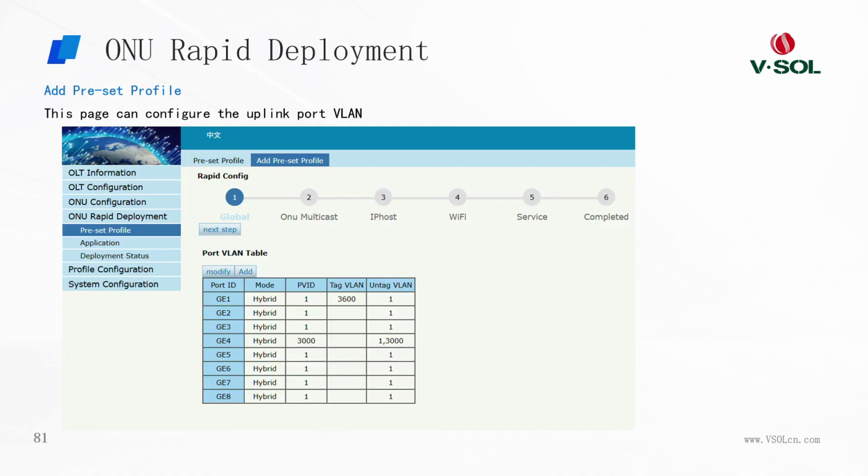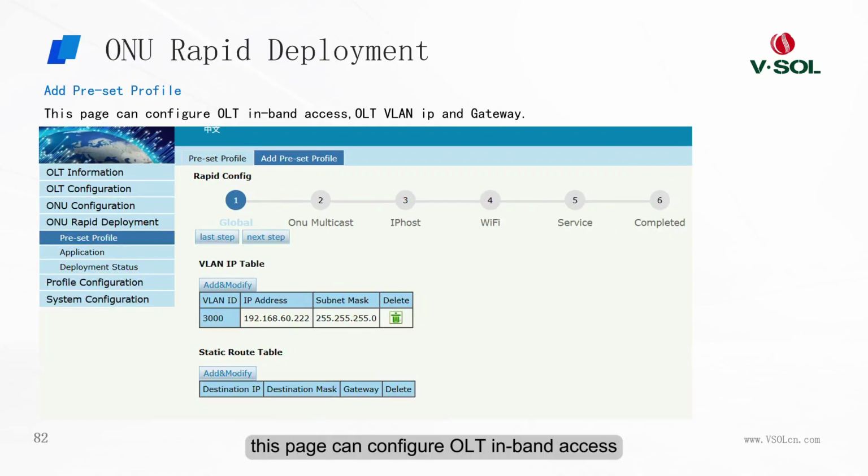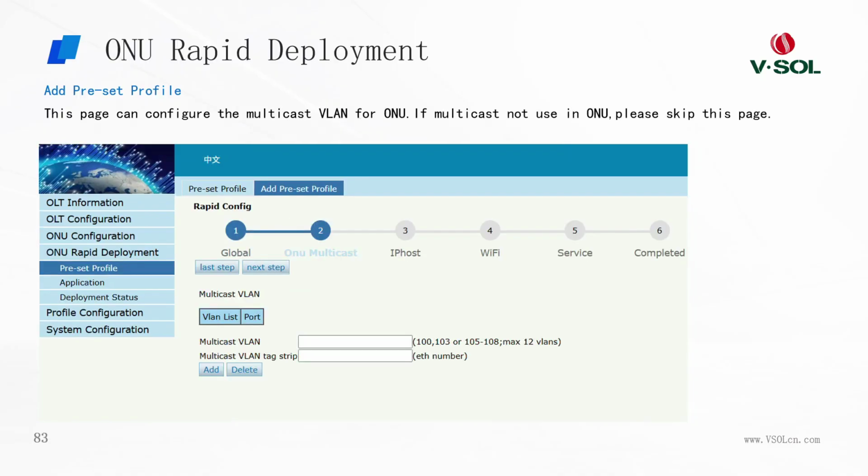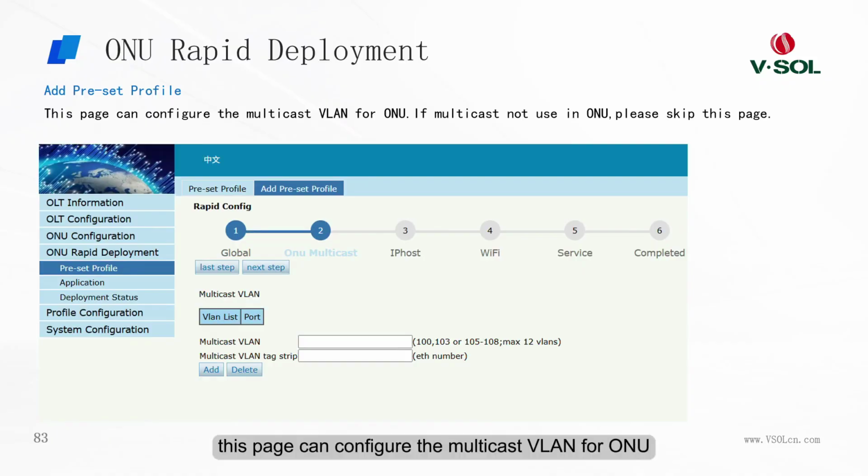This page can configure OLT in-band access. It can also configure the default gateway. This page can configure the multicast VLAN for ONU. If multicast is not used in ONU, please skip this page.